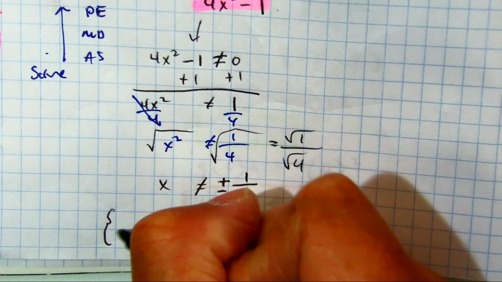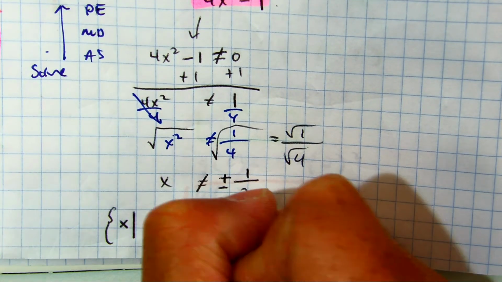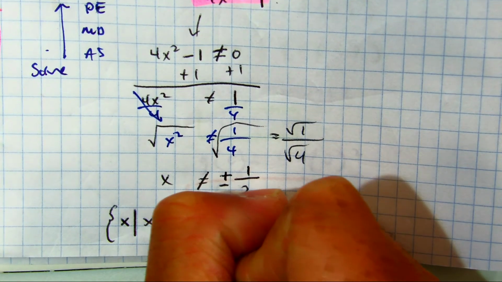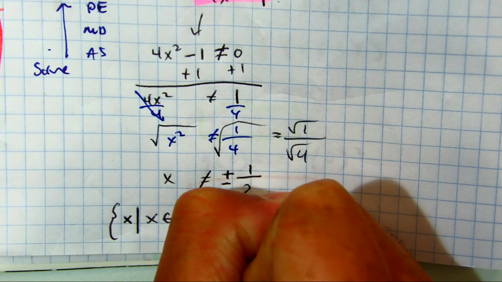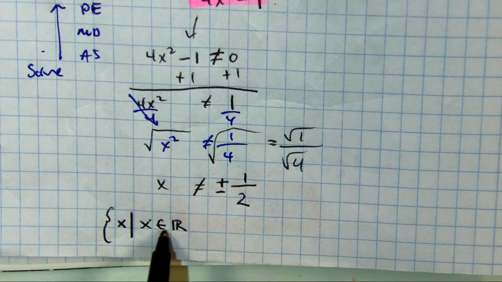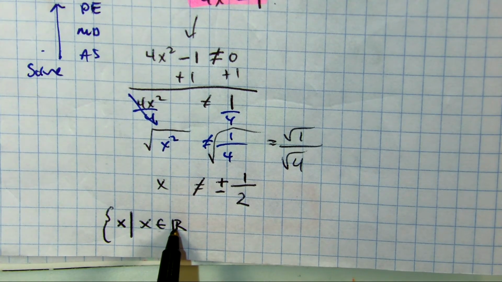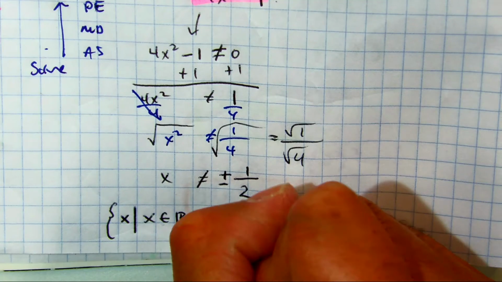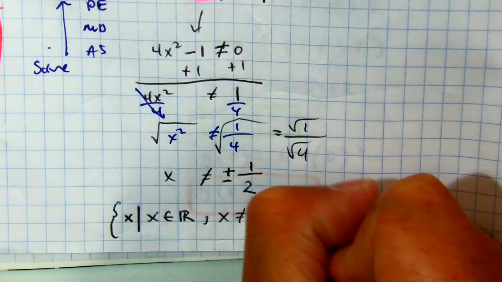You can pick every x value. In the set of x, you can pick all real numbers, but what are the two numbers we can't pick? You cannot pick 1/2 and -1/2.